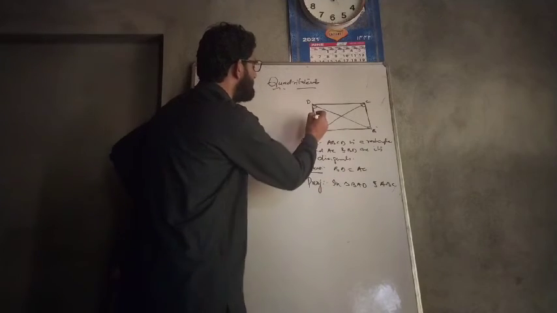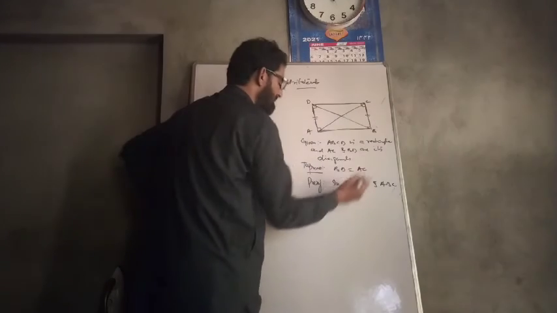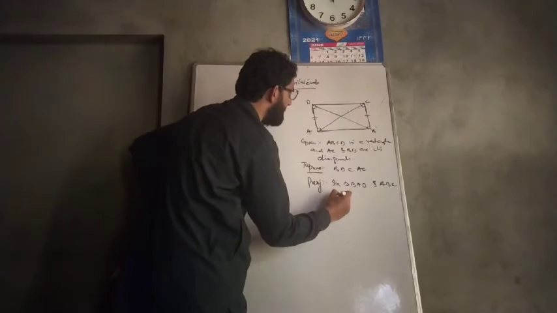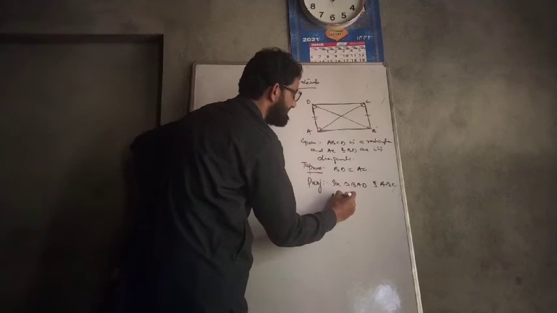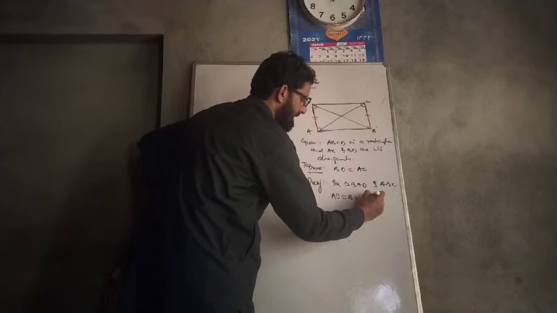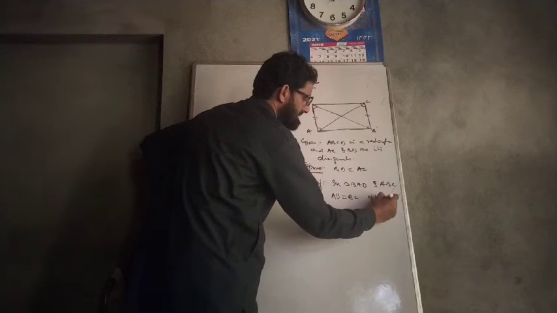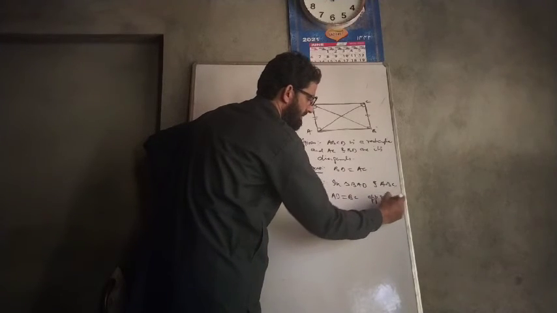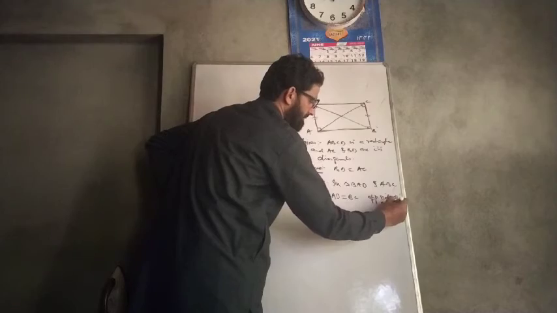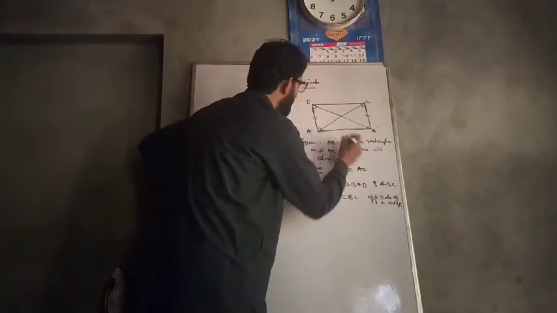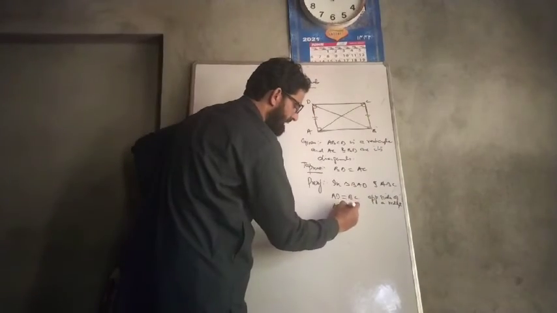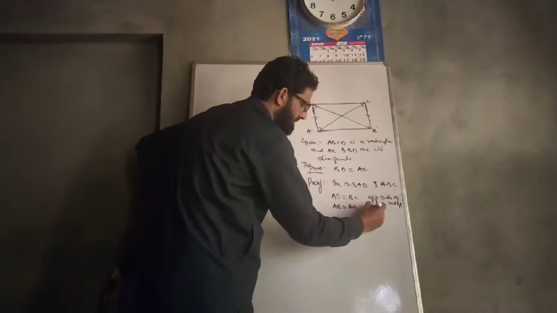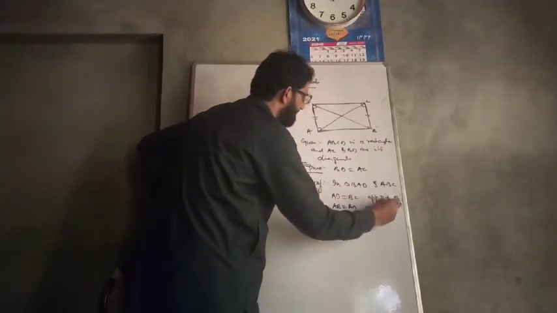Now see, AD is equal to BC, opposite sides of a rectangle are equal. Now AB is equal to AB. This is common between these two triangles.